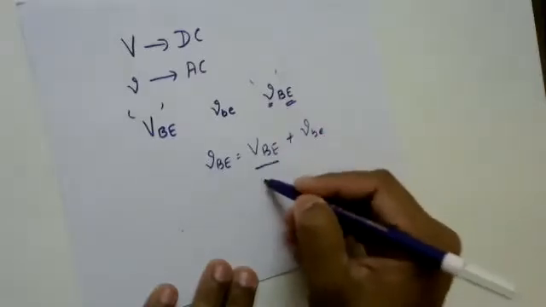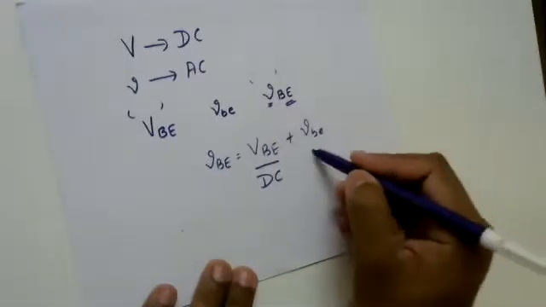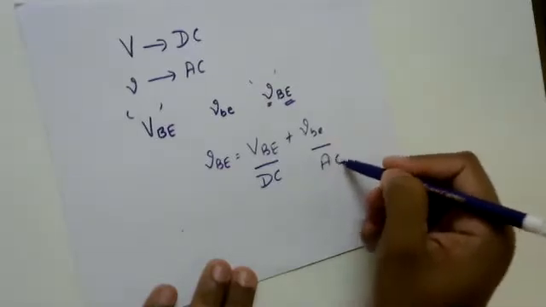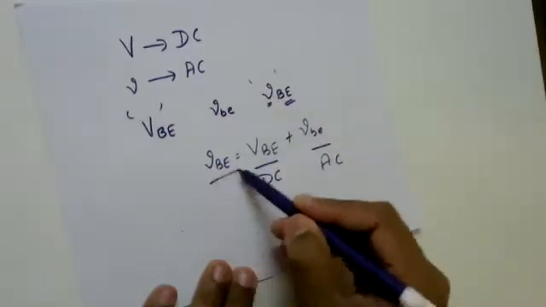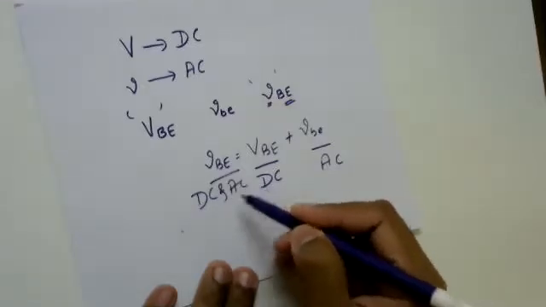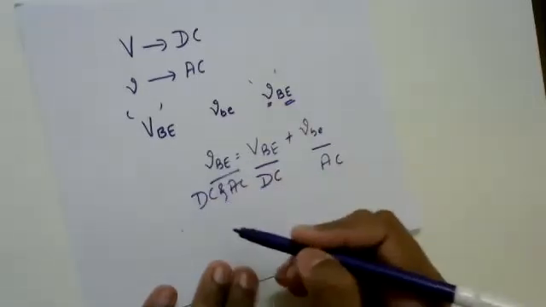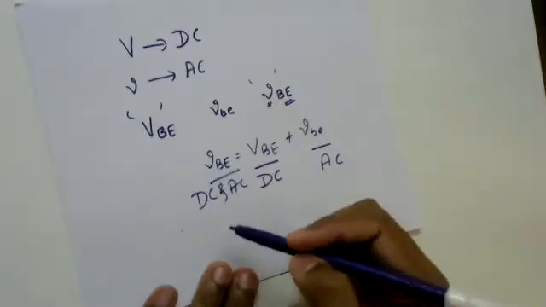This VBE is standing for pure DC. This vbe is standing for pure AC. This vBE is a combination of DC and AC. So it's what we call superposition, superposition of AC signal on DC signal. Is it clear to you?